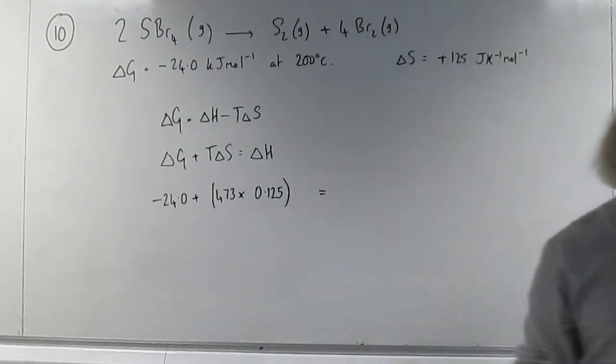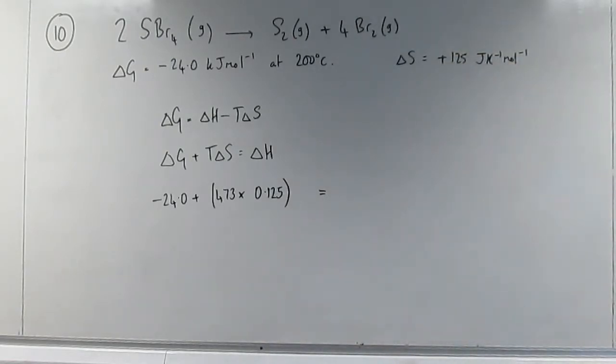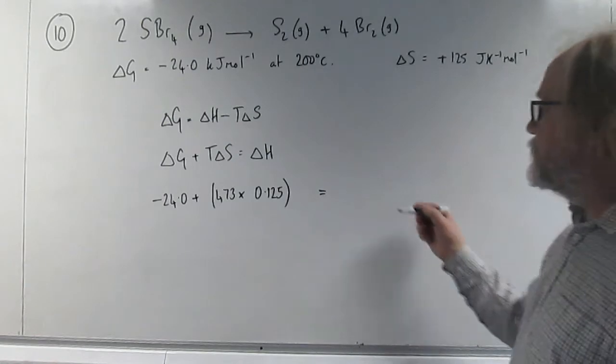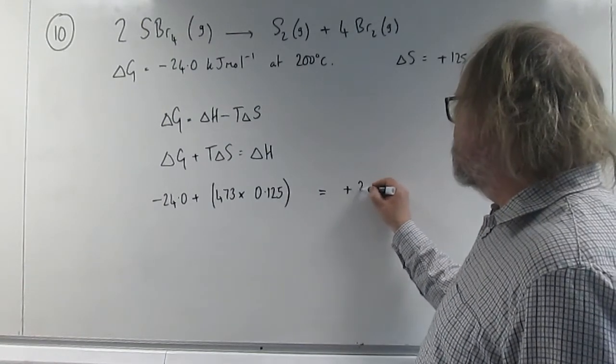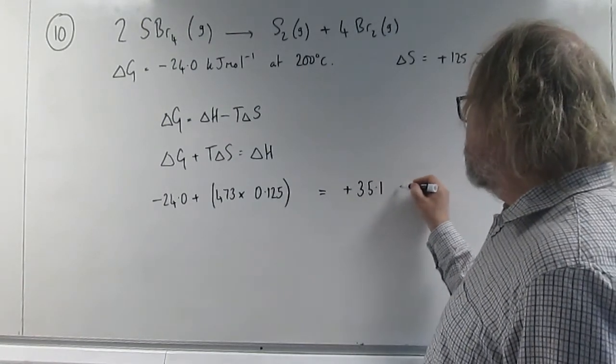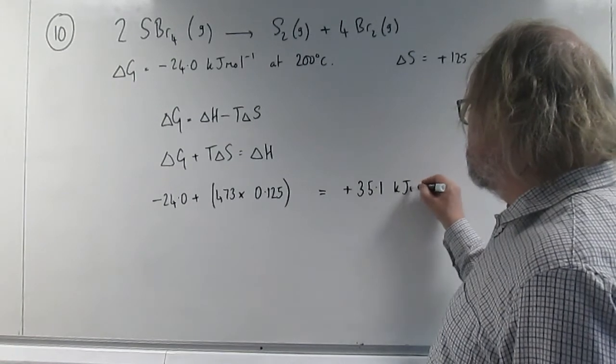So you've got your numbers there, and you can then just plug them into your calculator and you get plus 35.1 kilojoules per mole for delta H is the answer.